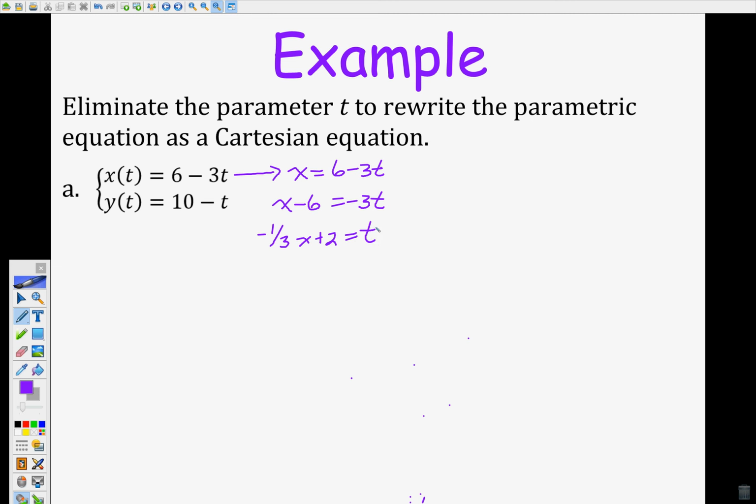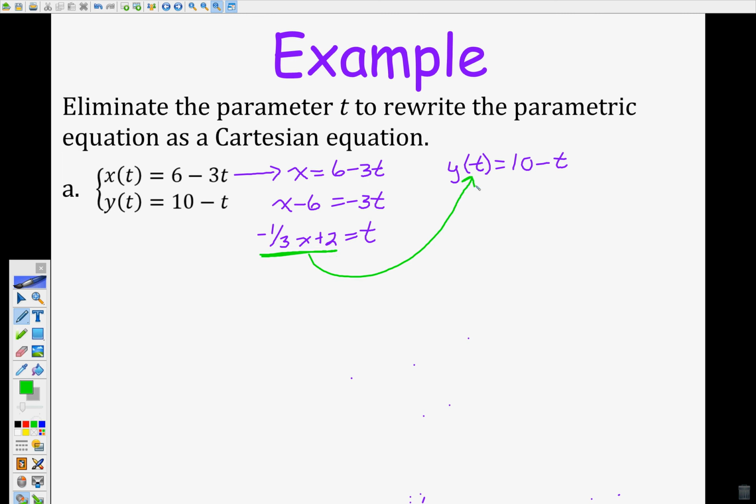Now I'm going to take my y equation. We have y of t is equal to 10 minus t. And what I'm going to do is every place that I see a t, instead of t, I'm going to plug in what t is equal to.